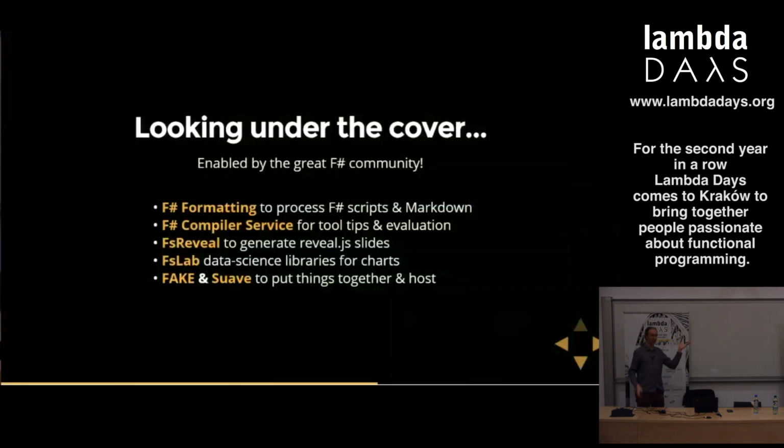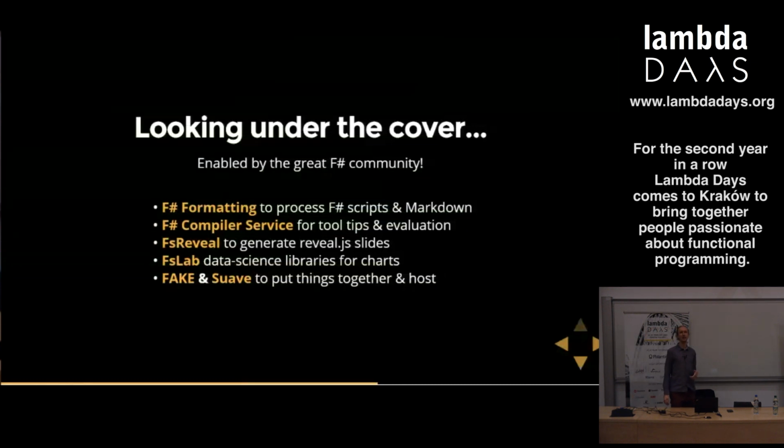And then I was also referencing FSLab, which is this data science library for FSharp, which gives me access to the charts and the type providers and so on. And finally, if I switch to the console, there's FAKE, which is FSharp Make.